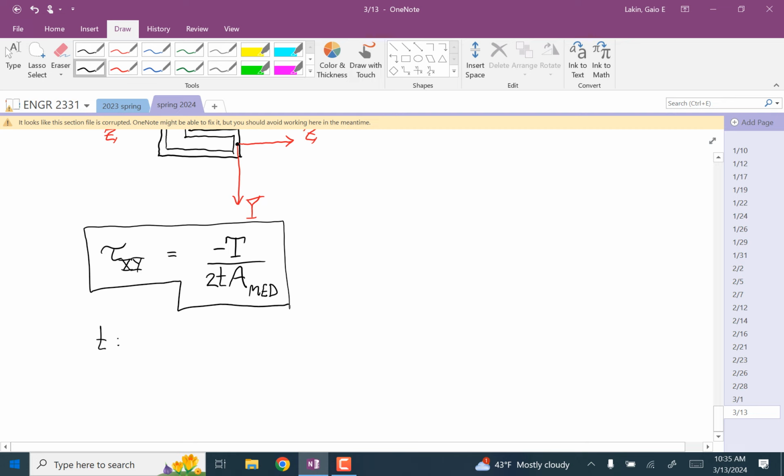So t is the thickness of the wall at the desired location. So remember that these thicknesses don't have to be the same on every wall, okay?